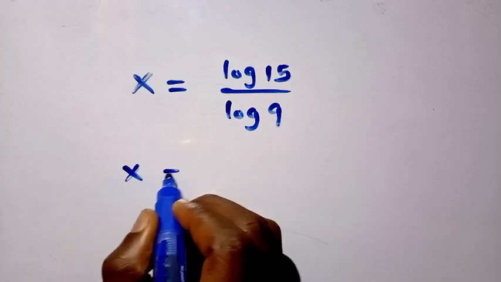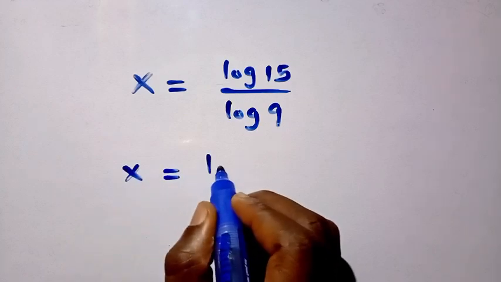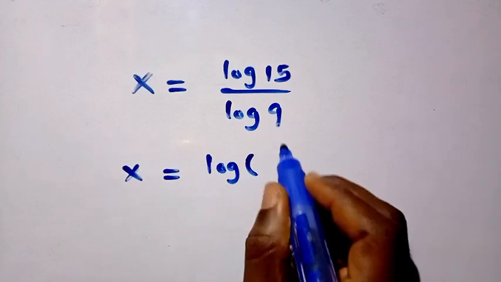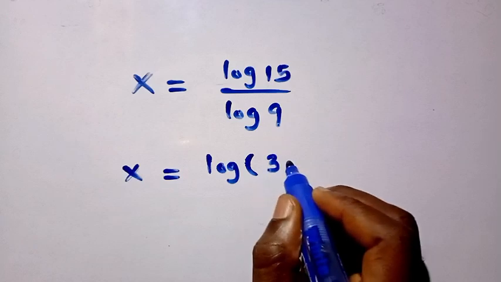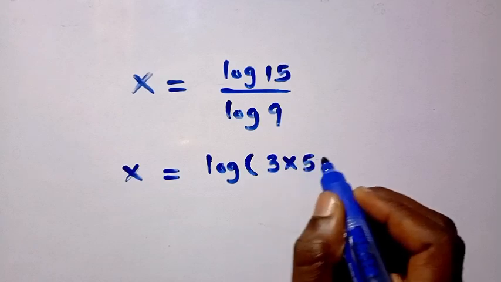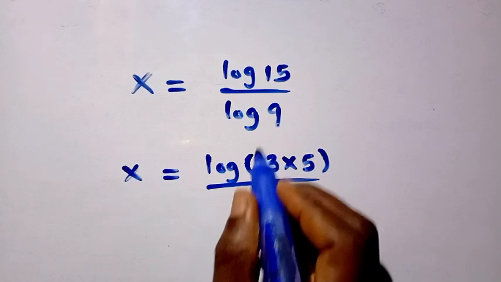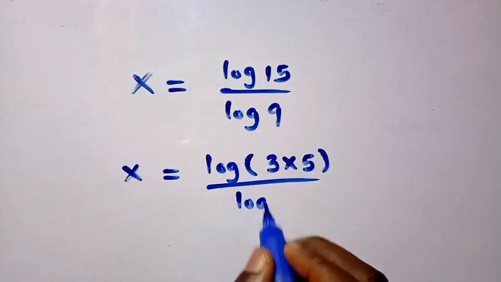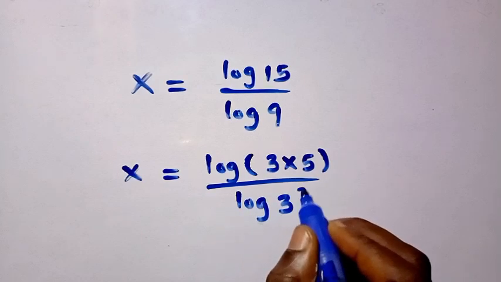So here we have x equals log of 15, which we have to write as 3 times 5, divided by log 9, which we write as 3 raised to the power of 2.